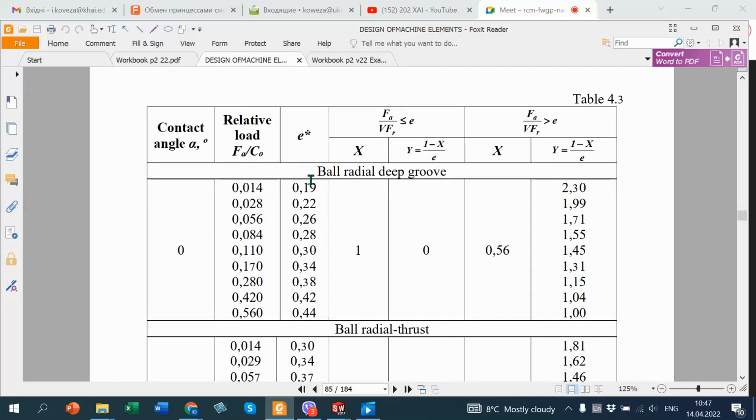It means that if we use such type of bearings and e is 0.19, radial load is much greater than axial. Axial is too small. We can neglect FA.